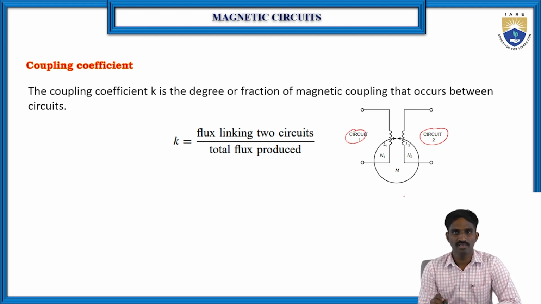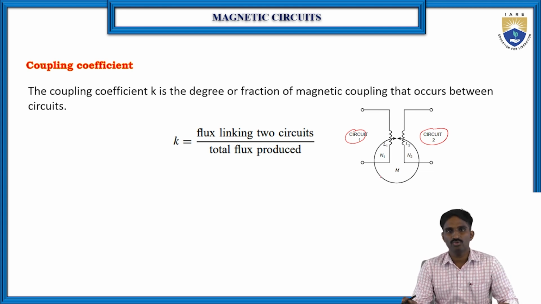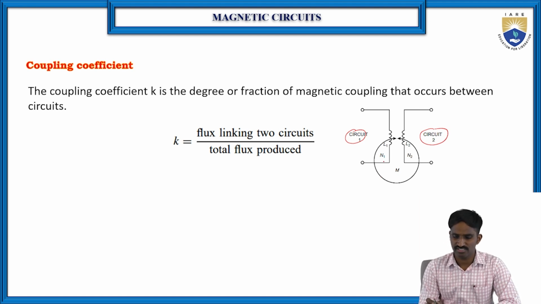It can also be defined as the ratio of the flux linking the two circuits to the total flux produced. Suppose we have applied some voltage across circuit 1, so that current flows through the circuit.